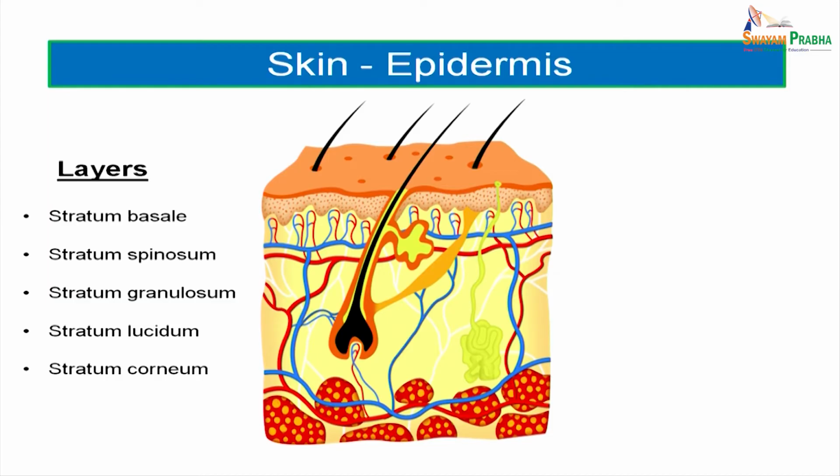So, this is briefly about the layers of the skin: stratum basale, stratum spinosum, stratum granulosum, lucidum, and finally the stratum corneum, where the cells are almost flat and dead without any nuclei, and they are present along with the keratin filaments.